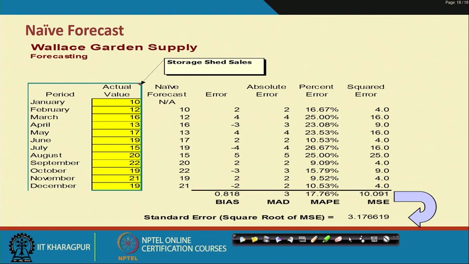This is monthly data, let us say monthly data of a particular year, starting with January 10, then February 12, like that up to December 19, and we would like to start with naive forecasting. So, the actual and then the naive forecast will be just one point ahead.